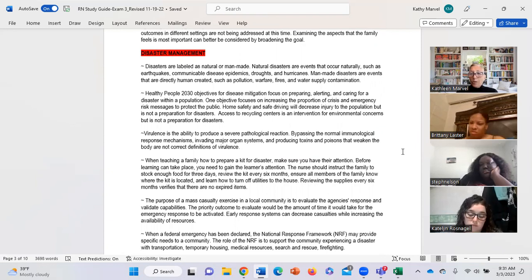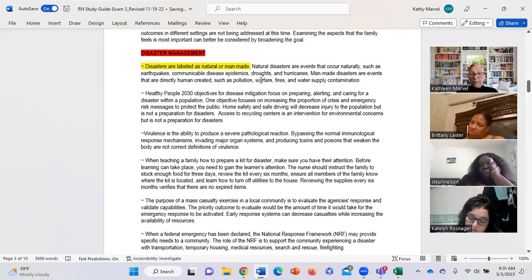Disasters. Nurses are expected to participate in every part of the disaster: preparation, preparedness, response, and recovery. We're just expected to jump in and help at any of those phases. We know there are two types of disasters, natural or man-made. Please be able to give an example of each.